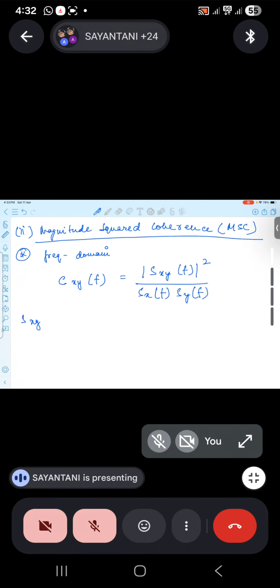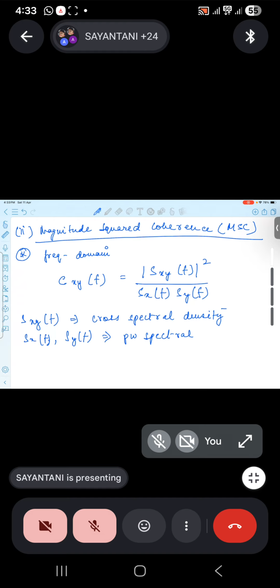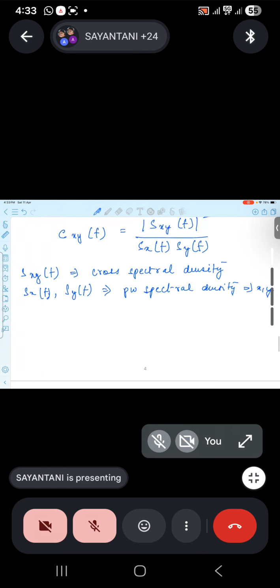Here, as we have studied in the last class, this denotes the cross spectral density, that means basically the power spectral density between channels X and Y. And Sx and Sy are the individual power spectral densities pertaining to channels X and Y. And how do I evaluate the cross spectral density?